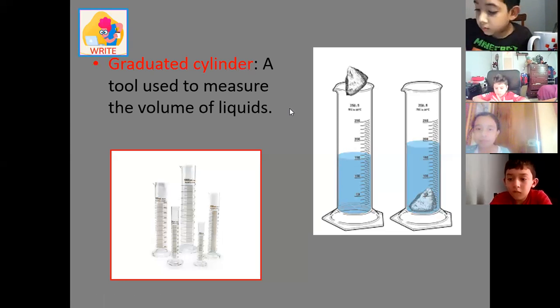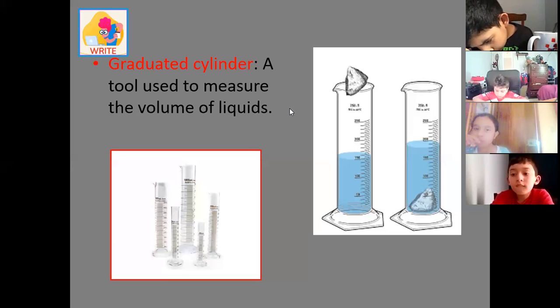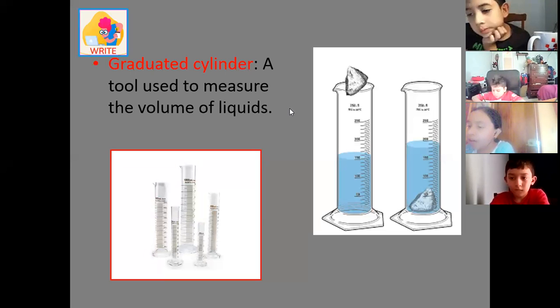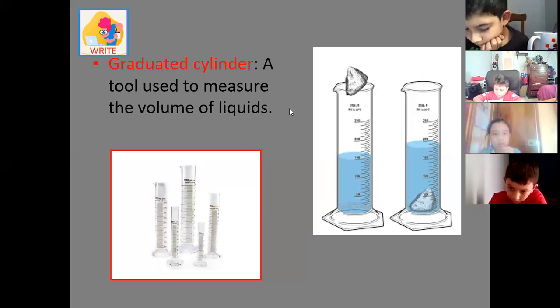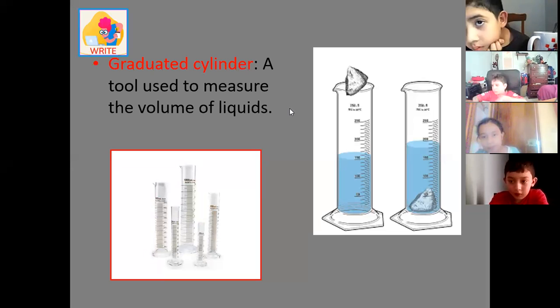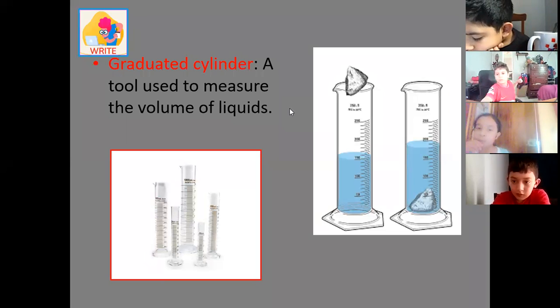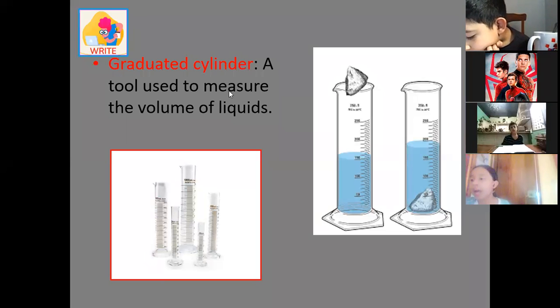Do you have a graduated cylinder in your house? Not like this one, but if you look at your blender, it has numbers. Or, for example, in the kitchen we have cups to measure liquids.